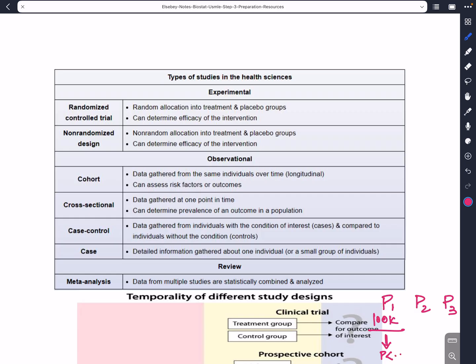P-value was less than 0.05. And same for pool 2, which had like 200,000 individuals. And pool 3 would have, let's say, 250,000 individuals. All the studies were, in fact, statistically significant. When you are combining P1 plus P2 plus P3, when you are combining all these, this is called meta-analysis.